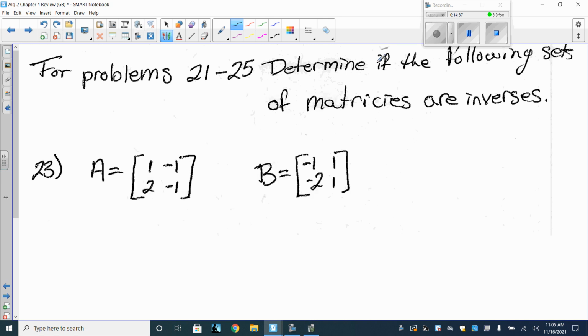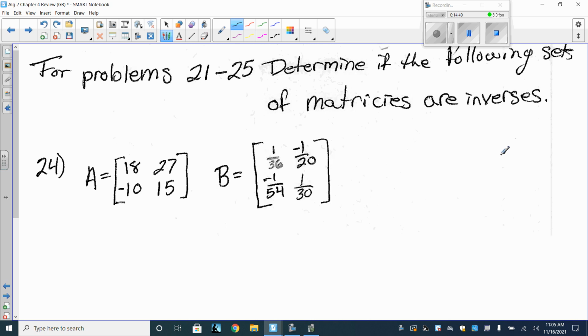Now, looking at this yesterday, this here should be yes, that these two here for 23 are inverses. 23, they are inverses. But 24, this is no. 24, they would not be inverses. If we do the multiplication, it doesn't work out right.